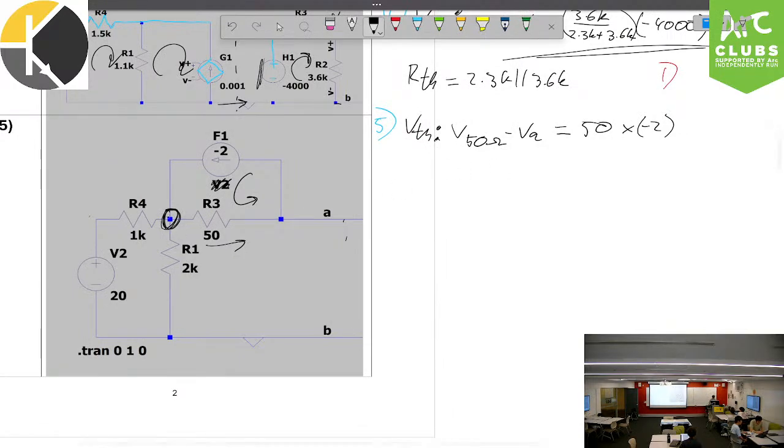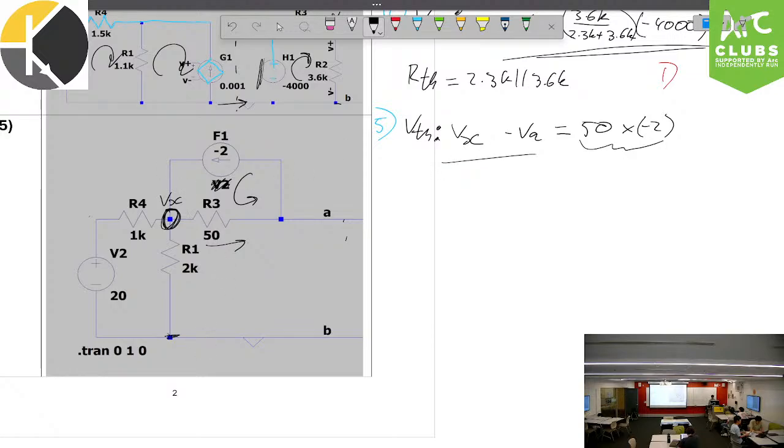Now we need to know the voltage relative to ground. I shouldn't call that V50 ohm. I should call that Vx, because this here would be V50 ohm.